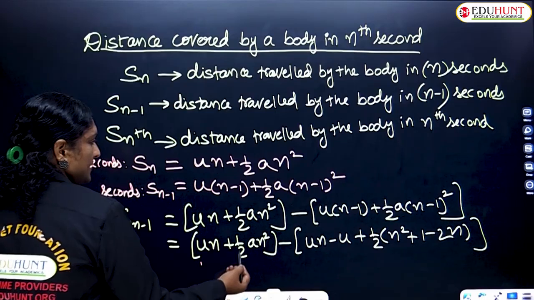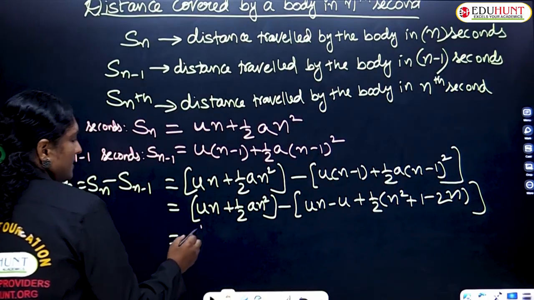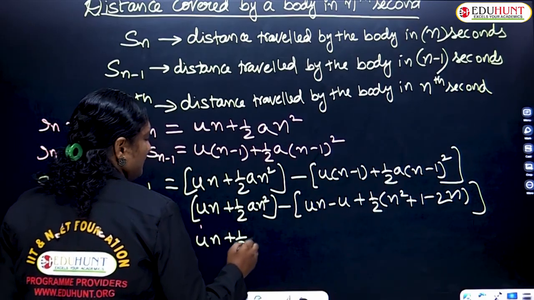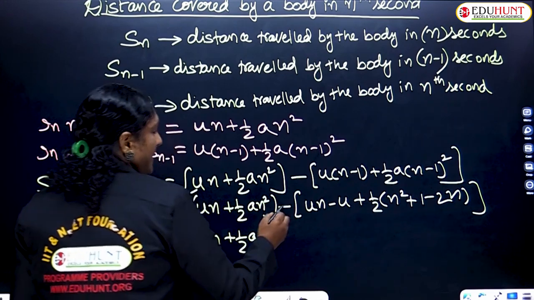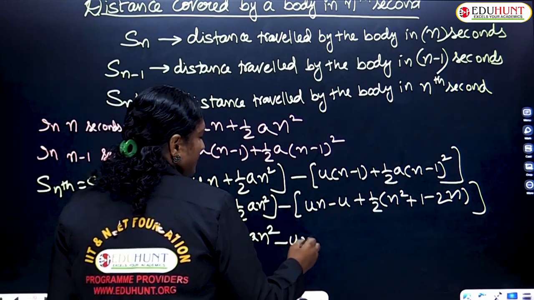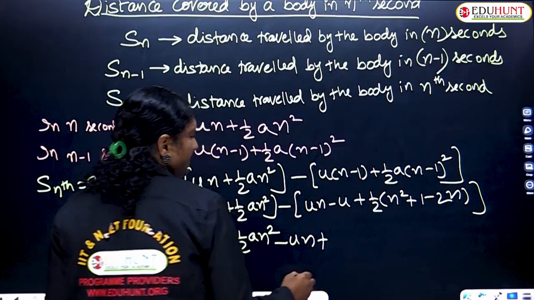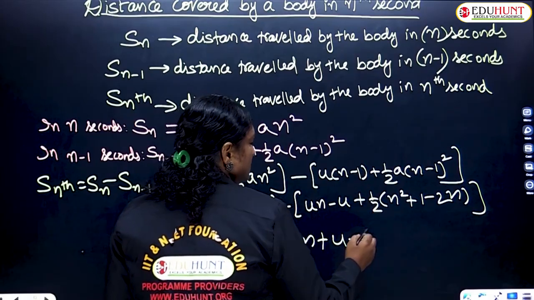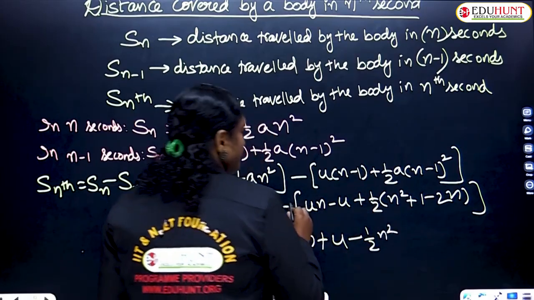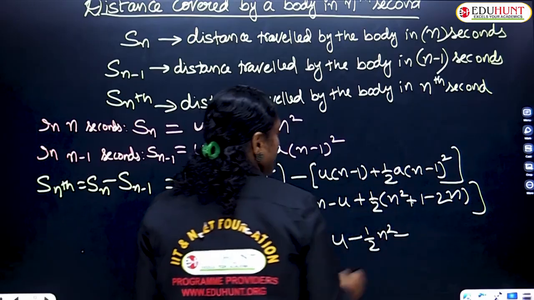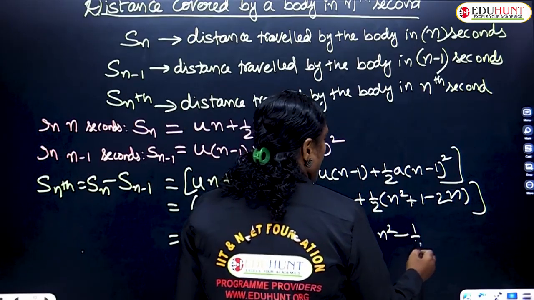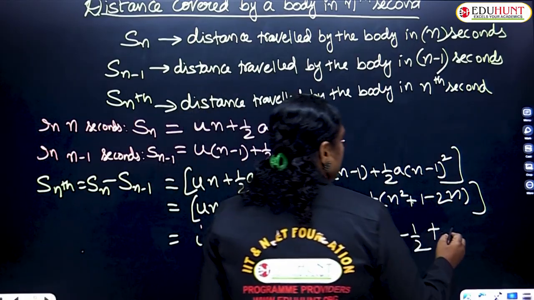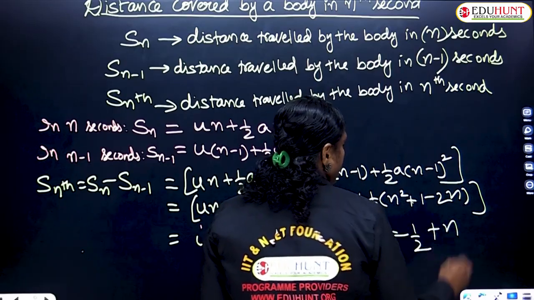Now let us open the brackets, children. Then you are left with un plus half an square minus, take it inside, minus un. This minus and this minus will become plus u, minus and plus will become minus, half into n square is half n square, minus and plus is again minus, half into 1 is half, and again minus and minus is plus, half into 2n, 2 gets cancelled, this will be n.